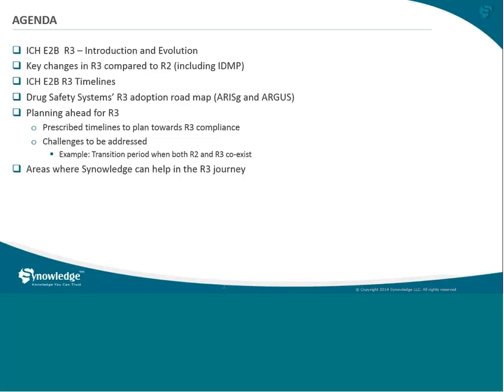And also we'll be having a brief talk on planning ahead for R3, the timelines in order to plan, in order to adhere to R3 compliance, the challenges that might be encountered in this path and how we can address them. And we will also talk on the areas where Synowledge can help in attaining the R3 compliance.